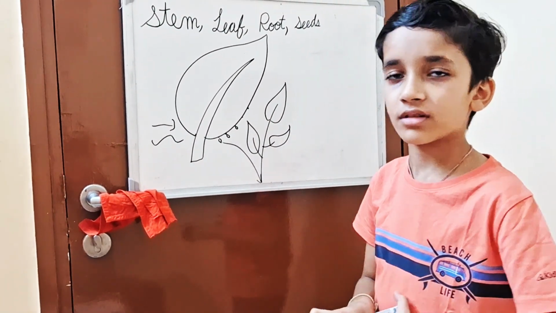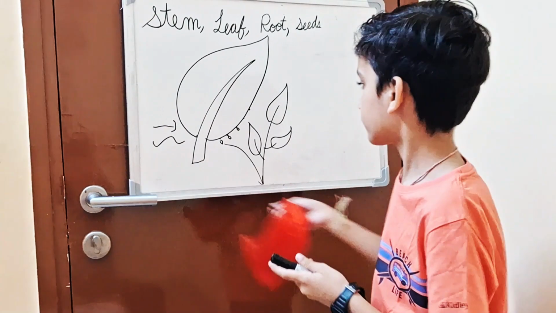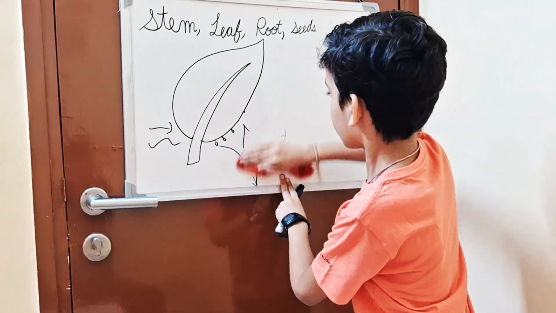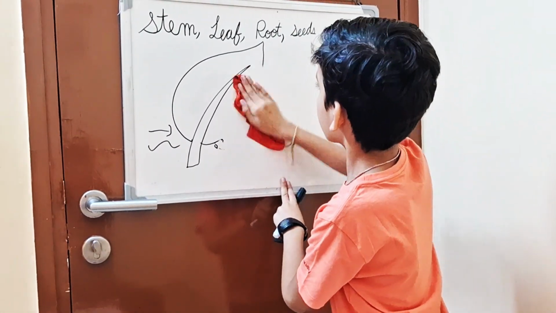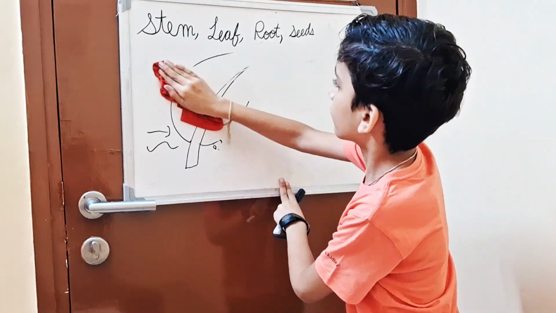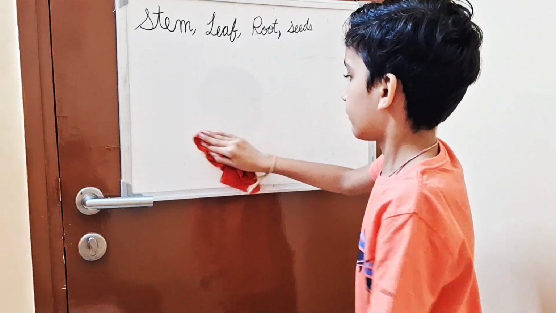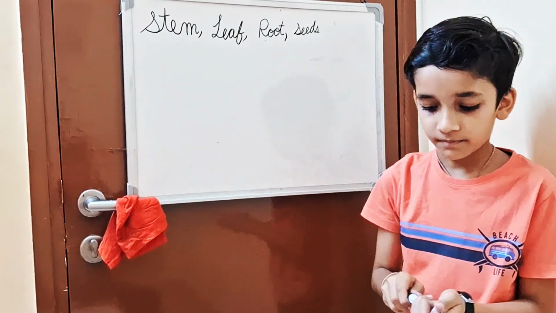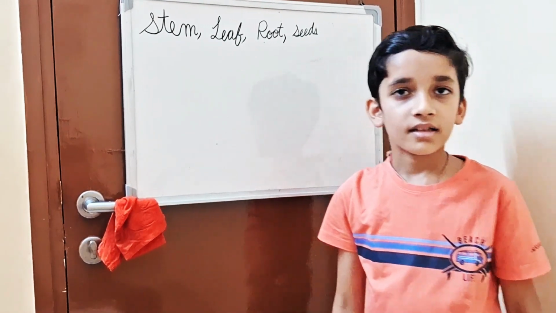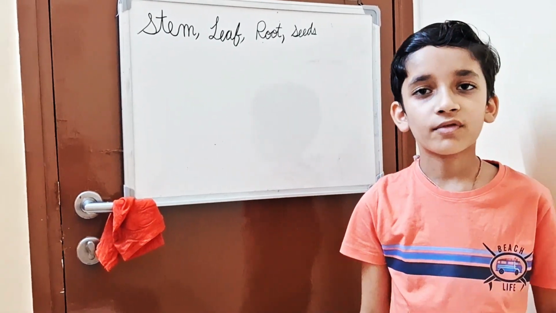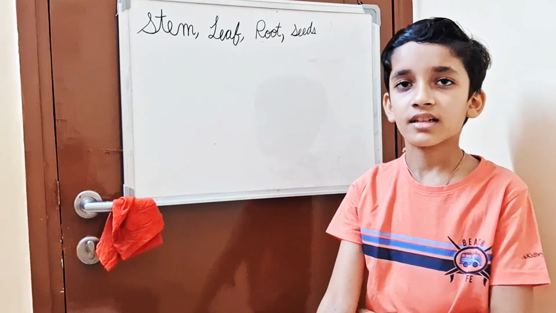Now from the root. There are many plants that grow from roots, like carrot.